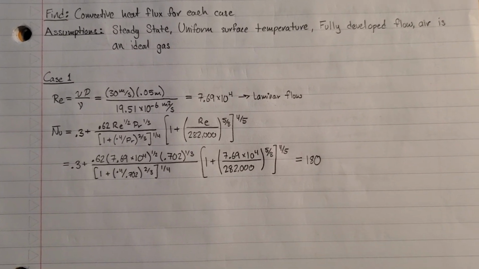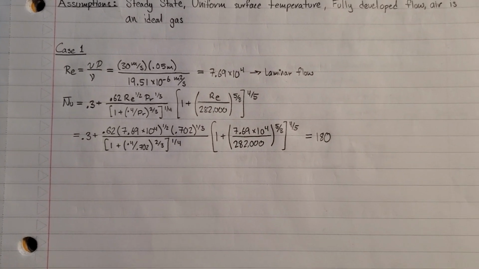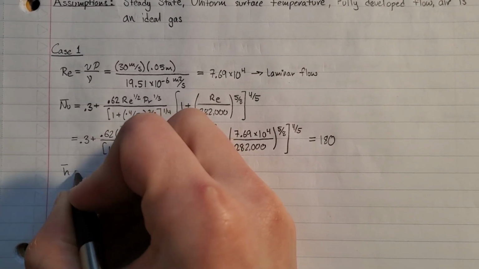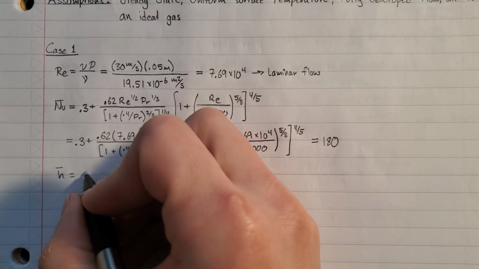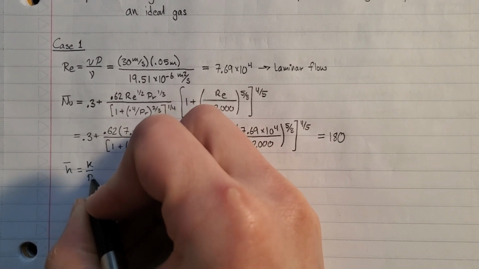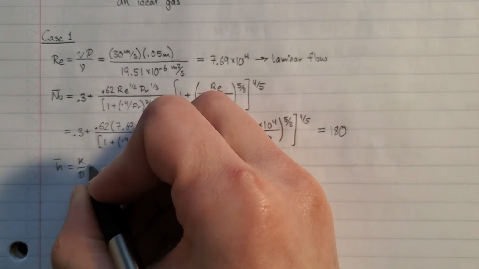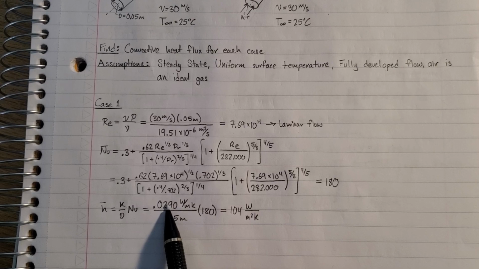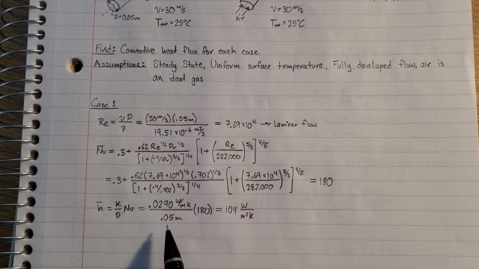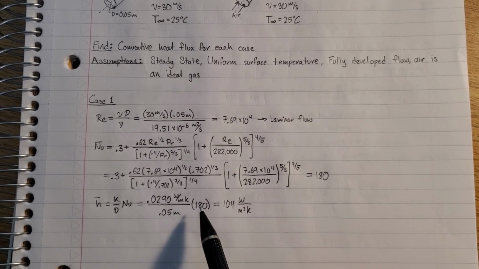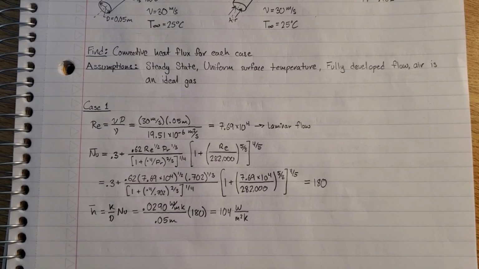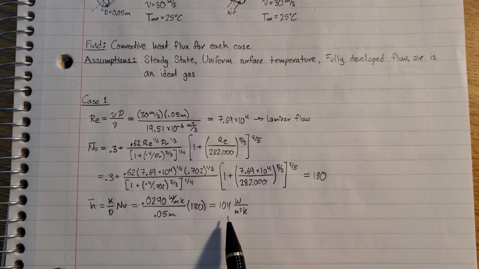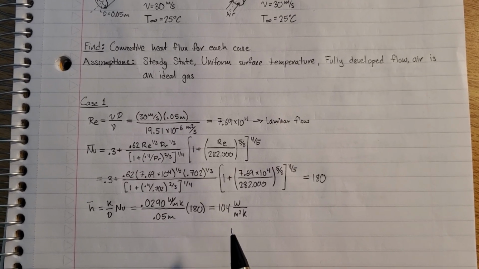So the next step is to find our h value, which we can do with the much more friendly k over D times the Nusselt number. Plugging in the k value of the air, the diameter of the pipe, and that Nusselt number we just calculated, we get a convection coefficient of 104 watts per meter squared Kelvin.